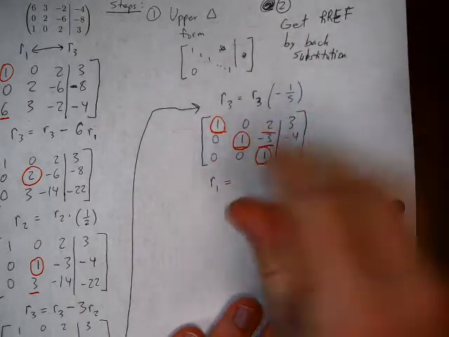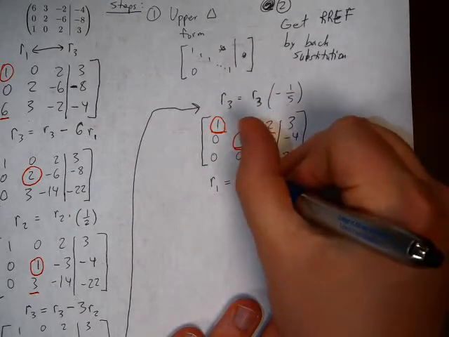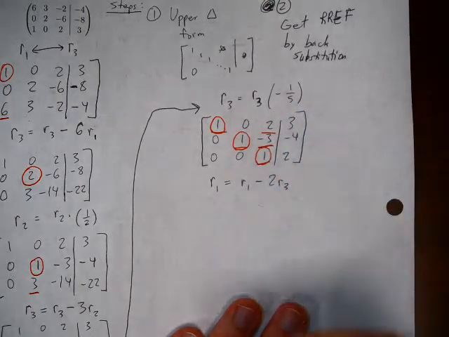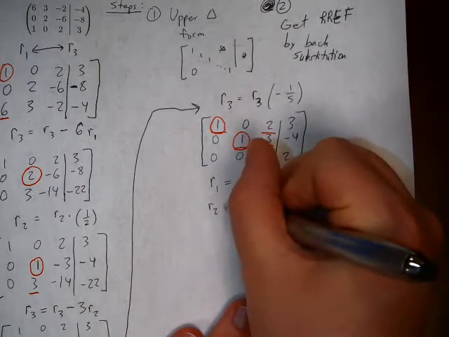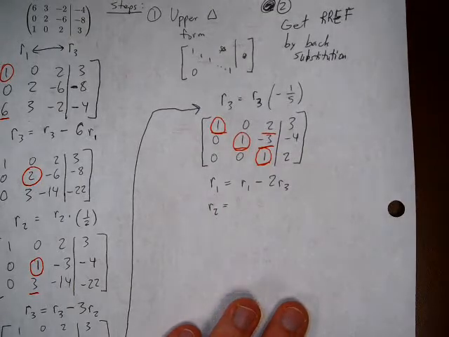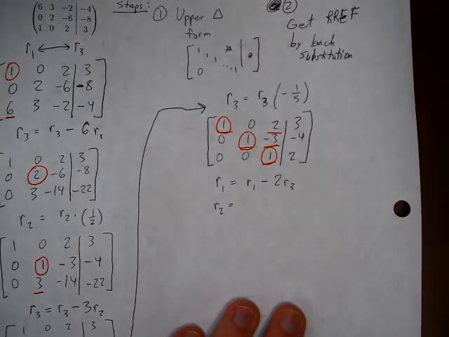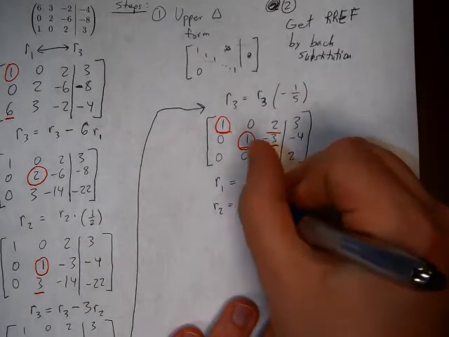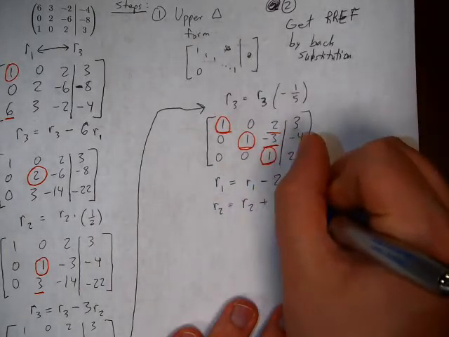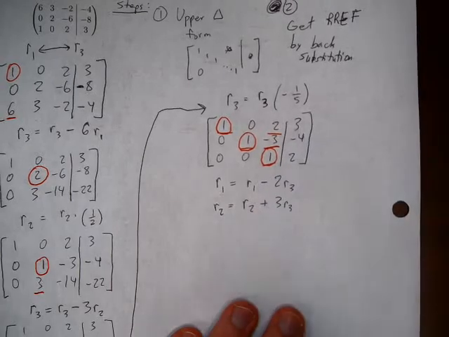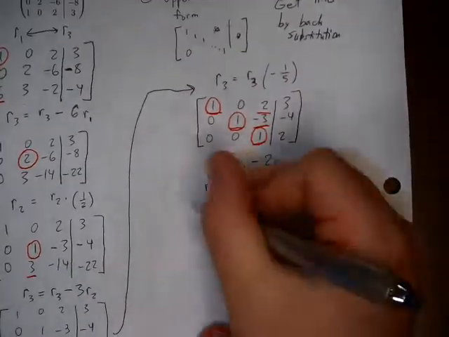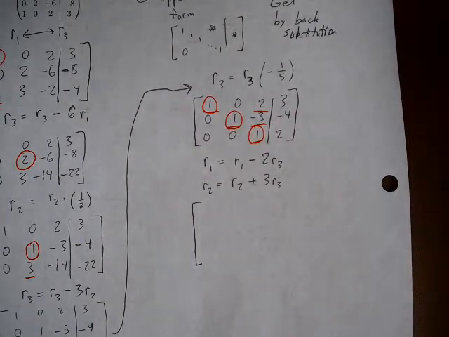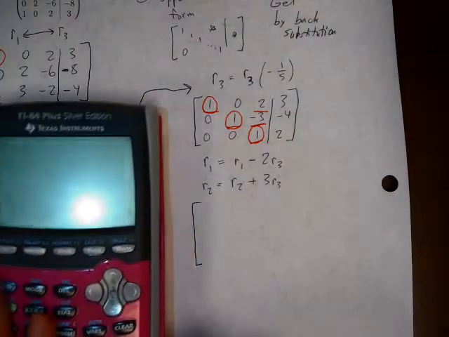So row 1, because we have this 1 here, will become row 1 minus 2 row 3. And row 2, take a minute to see if you can figure out for yourself what the row operation will be. Okay, great. So row 2 will become row 2 plus 3 row 3. So if we do that, we want to make sure that we change each of those entries.